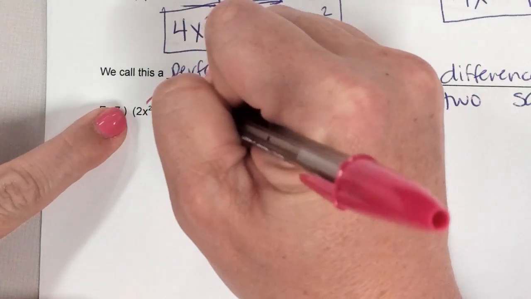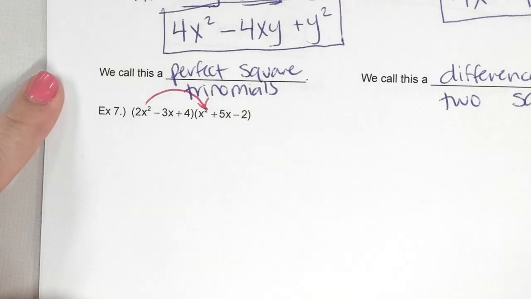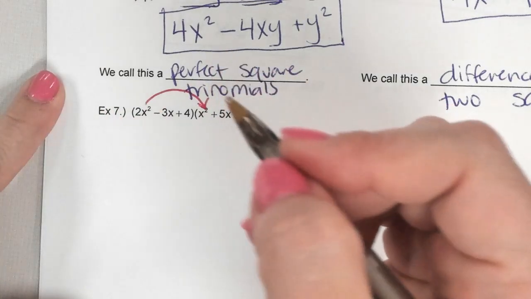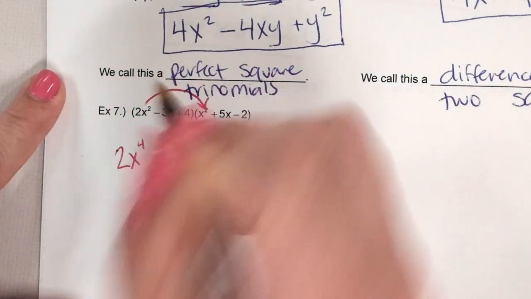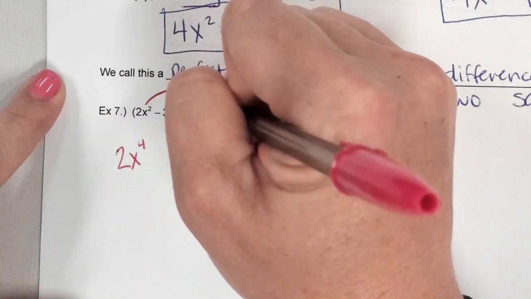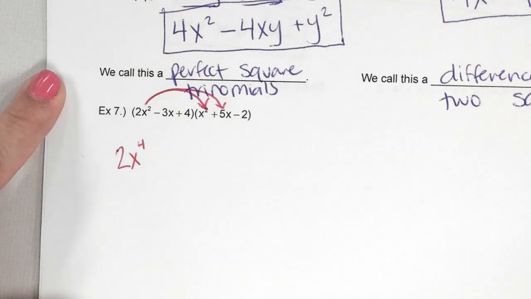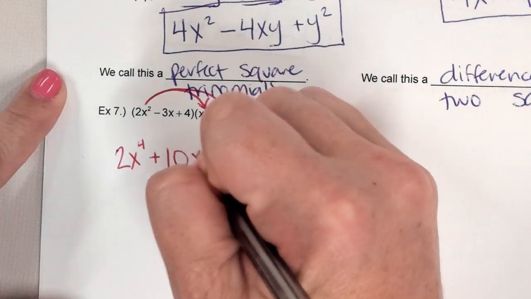2x squared times x squared. What's that going to give me? 2x to the 4th. 2 plus 2 is 4. 2x squared times 5x. Well, 2 times 5 is 10, and x squared times x is x cubed.